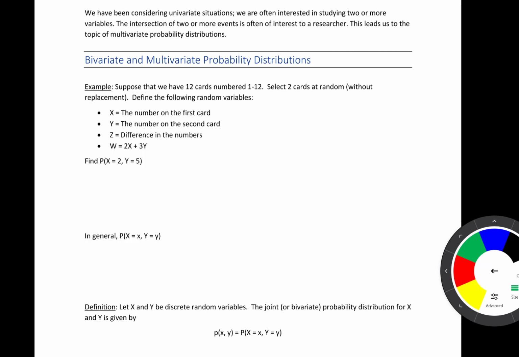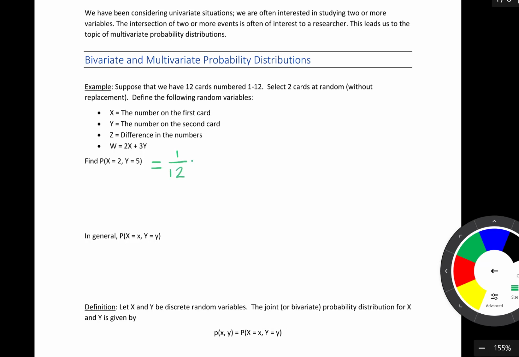And so the first thing we want to do is find the probability that x is equal to 2 and y is equal to 5. So notice here we have cards that are numbered 1 through 12. So when we draw the first card, the probability that card is going to have a 2 on it is just 1 out of 12.